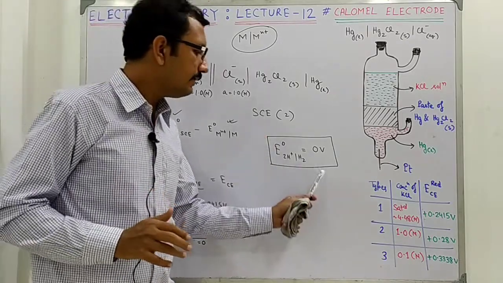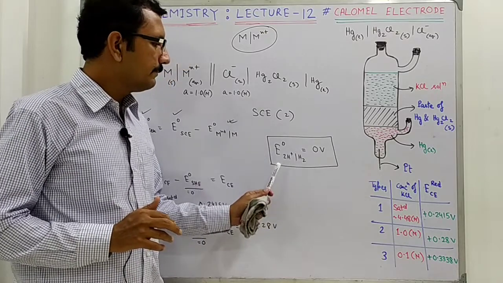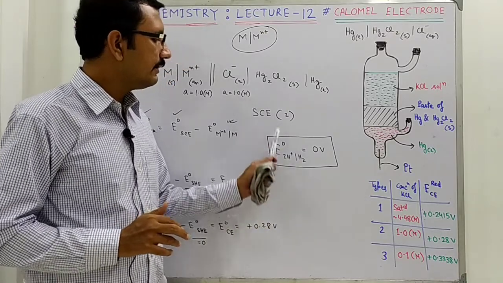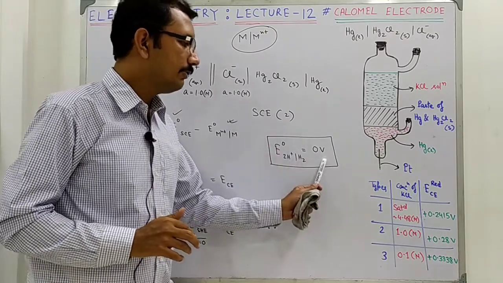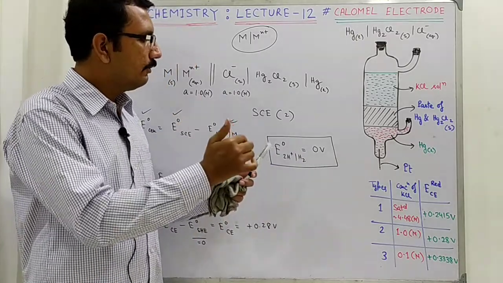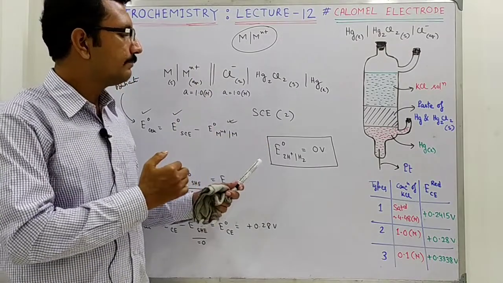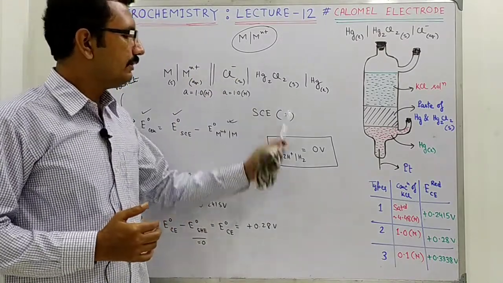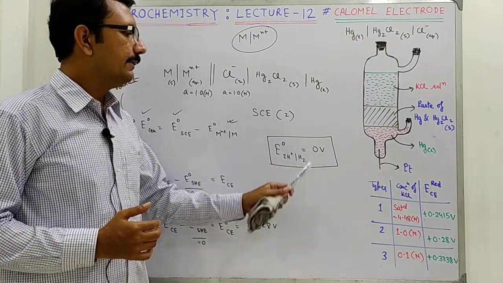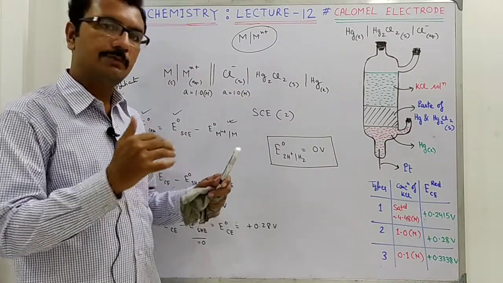So, this is the convention in which the electrode potential of this hydrogen electrode in standard state has been considered to be 0 volt. Now, if we connect any electrode whose standard electrode potential we want to know, if we connect that with this electrode, we will get the value from the EMF of the cell with the help of potentiometer.